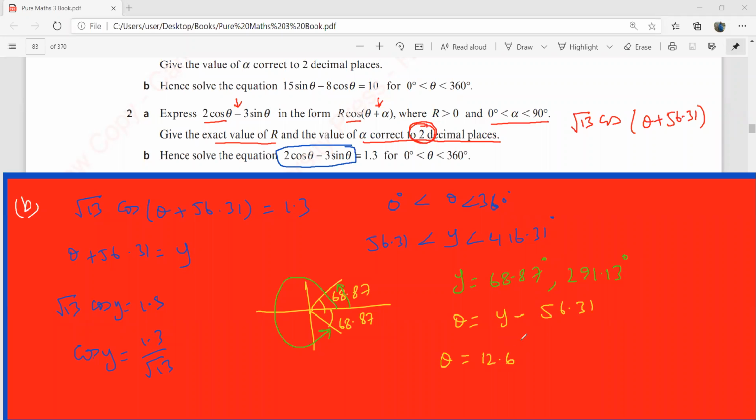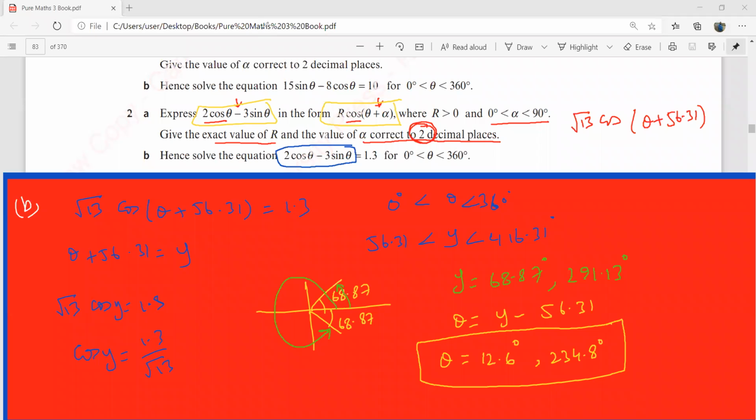We can write this correct to one decimal place. And then the next one, 234.8. So guys, this is the whole procedure I have explained, of how to first convert these two terms into a single term, and then how to solve that.